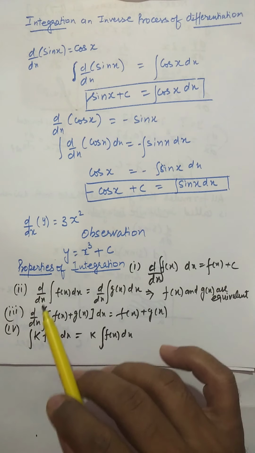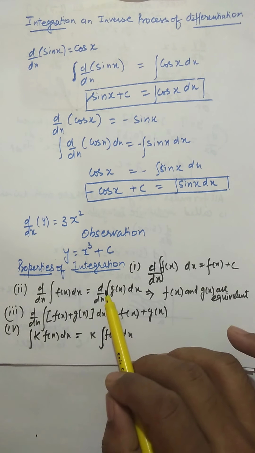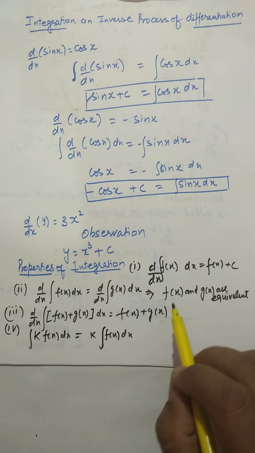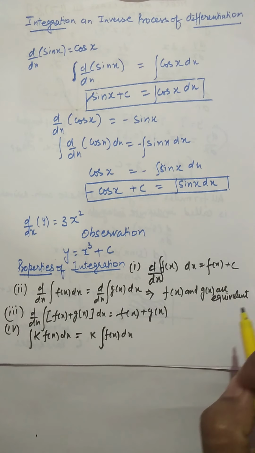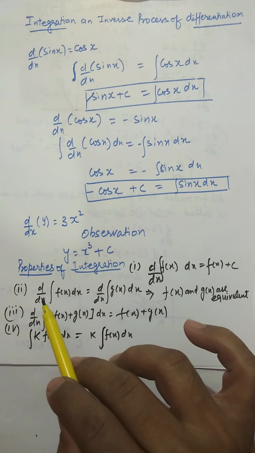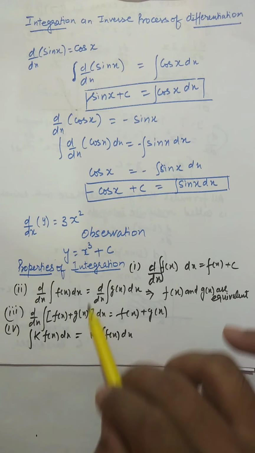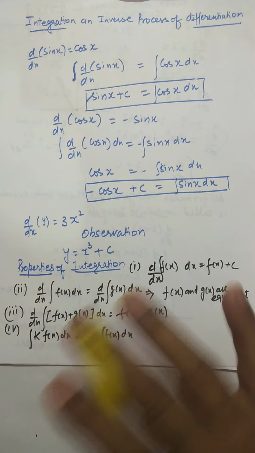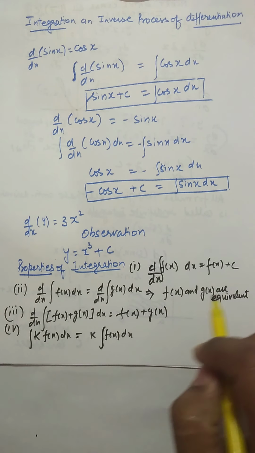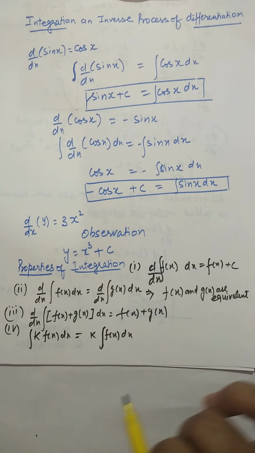The second property: if the antiderivatives of f(x) and g(x) are equal, in that case we say f(x) and g(x) are equivalent. We are not saying they are equal, because this is a family of curves and this is also a family of curves, so they are a little different in terms of the constant. That's why we say they are equivalent.